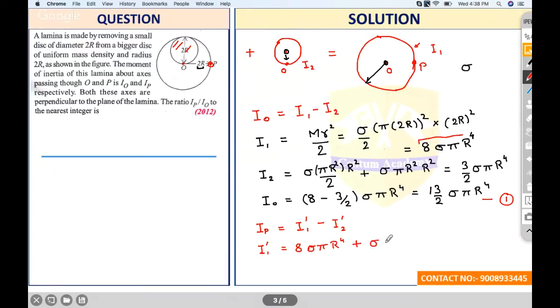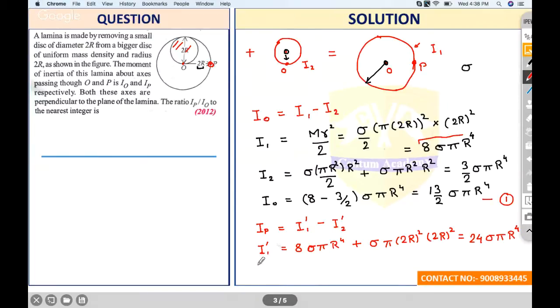M is sigma into pi into r square. This is m into r square, and r, you have to constantly remind yourself, is 2r over here. So this will come out to be 4 into 4, 16, 16 plus 8, so 24 sigma pi r to the power 4. So this is I1 dash.